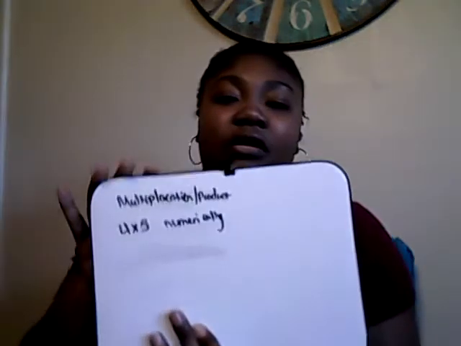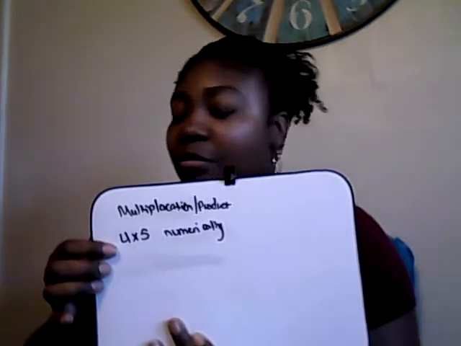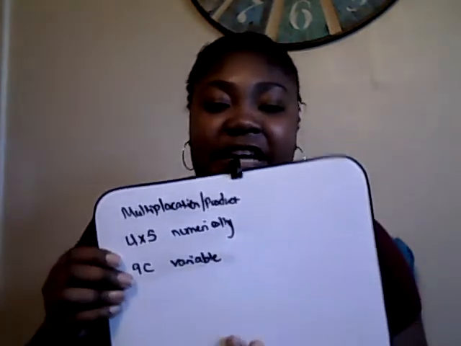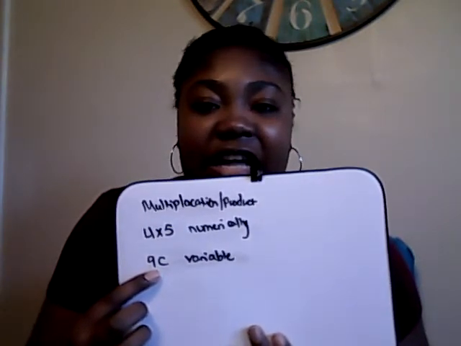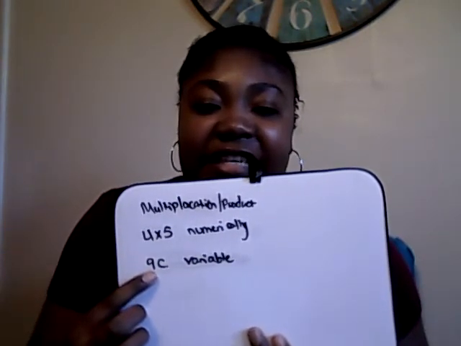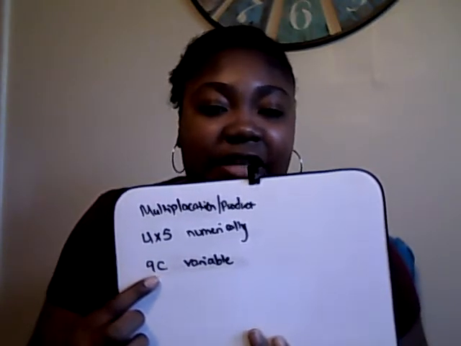Numerically, 4 times 5, that's saying product or multiplication. But with a variable, it would say 9 and the C, but that means the exact same thing. 9 and C, or 9C, is the same thing as saying 9 times C, but they want it written out like this in variable form.